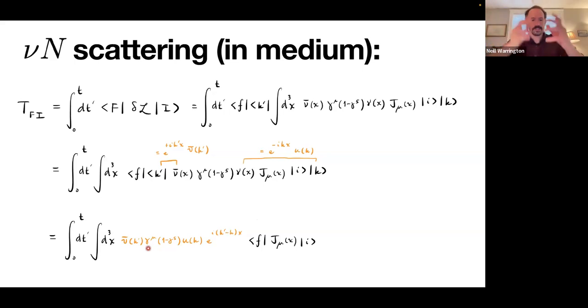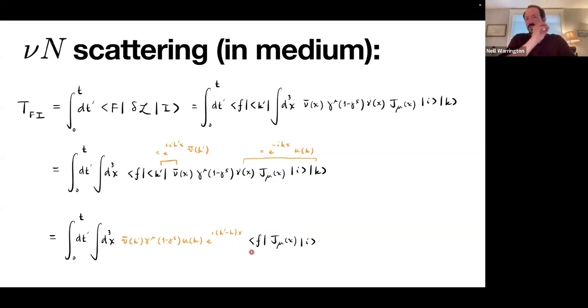So the answer is going to have some yellow thing, which I'll call L mu nu. It's a function of k and k prime, which carries all the neutrino scattering information. There's going to be a sum over this times its complex conjugate. There's going to be a weight, a sum over i's weighted by Boltzmann factors, and then a sum over final states.